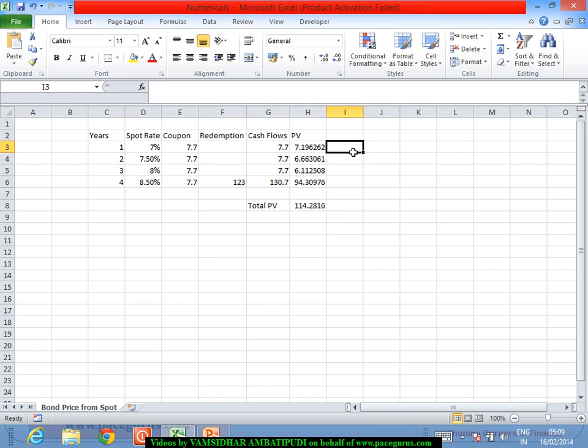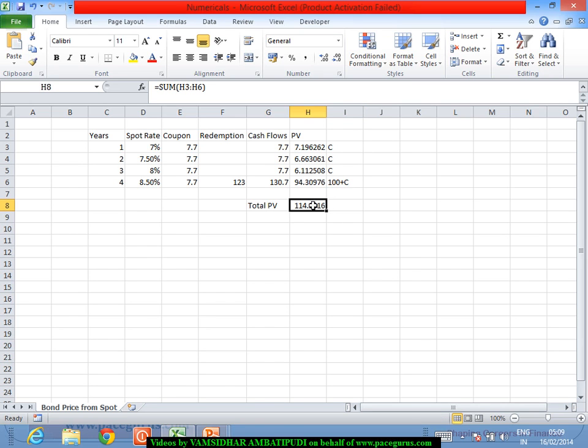So it's like saying, if I take some C in each of the periods, and on maturity I take 100 plus C. This C is for each of these years. When I discount them with these spot rates, it should be equivalent to this particular price.